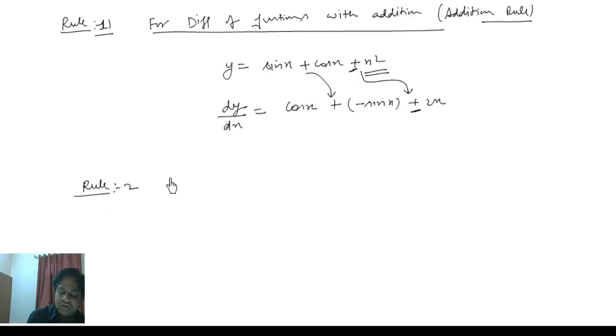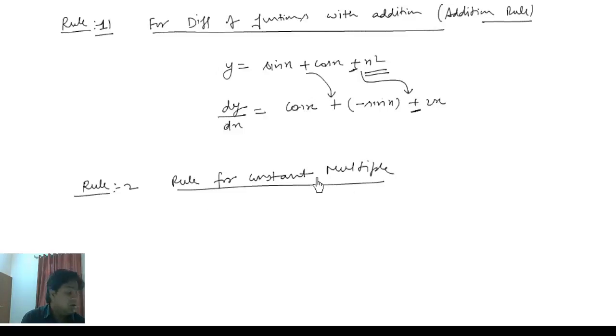Rule 2 is the rule for a constant multiple. Like y is equal to, let's say, 3 sin x. If you have to differentiate it, you just keep the constant number as it is and simply differentiate sin x as cos x.